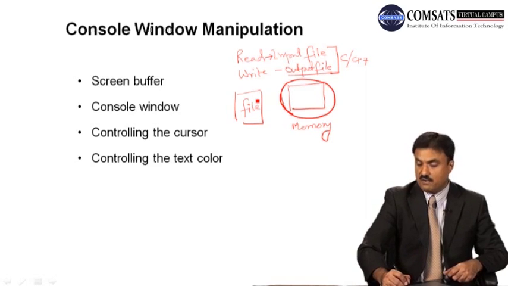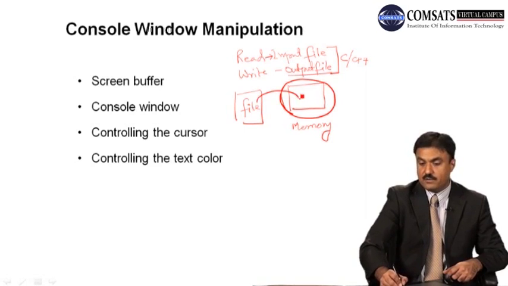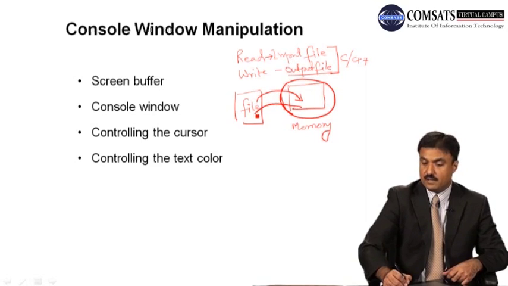If you open a file and want to read, you are going to input information inside the memory. Now if you are going to write a file, the information will go from memory to the file. This movement of information from memory to the file is called output.